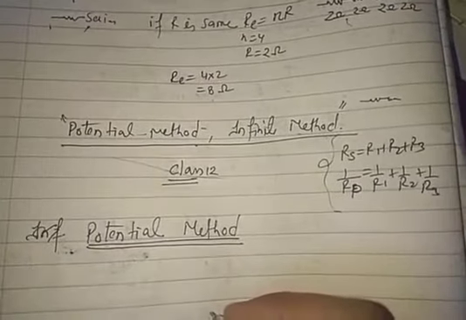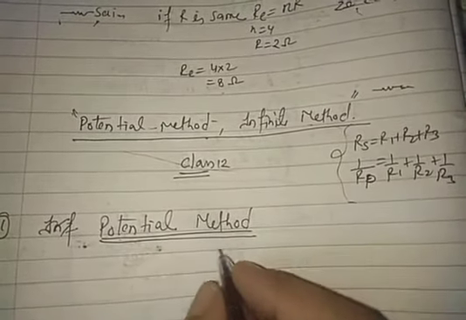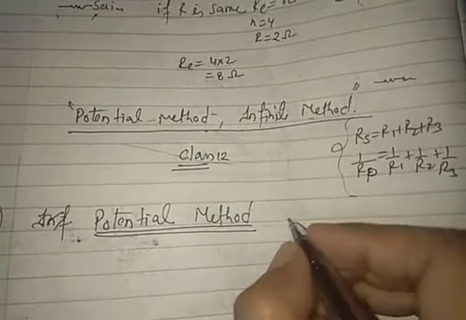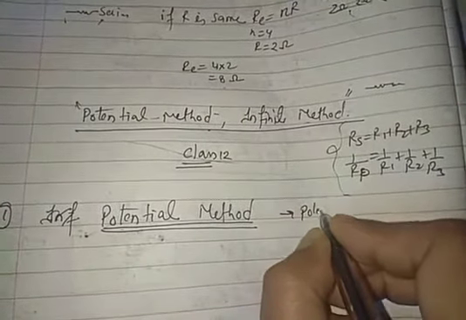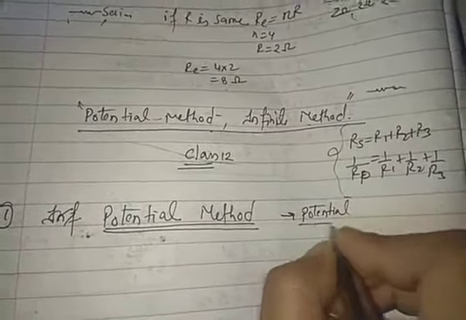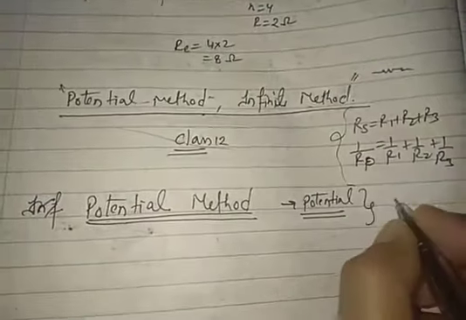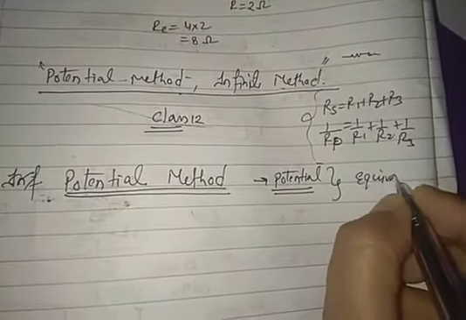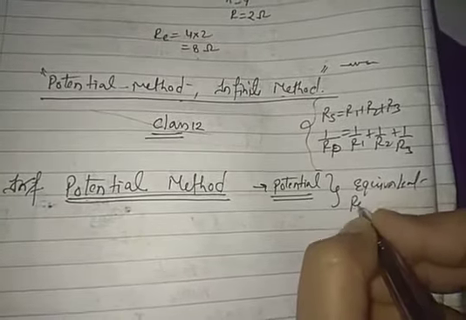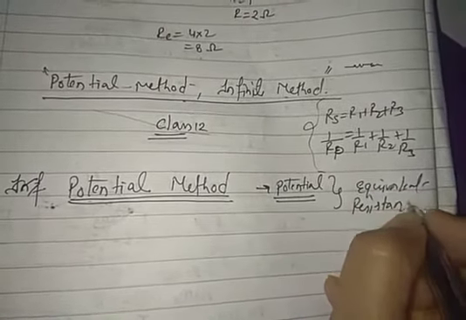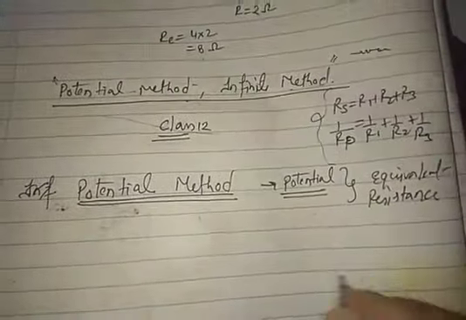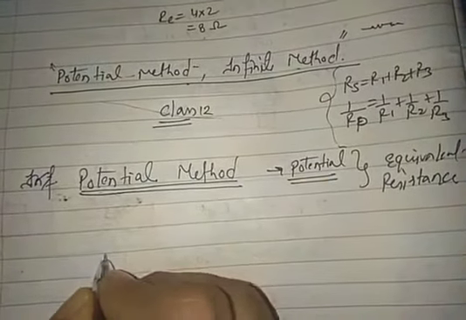In this potential method, we use the potential to find the equivalent circuit. All these tasks we are doing are to find the equivalent resistance. So let us find the equivalent resistance.